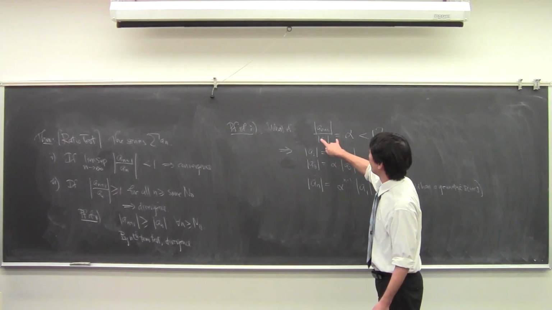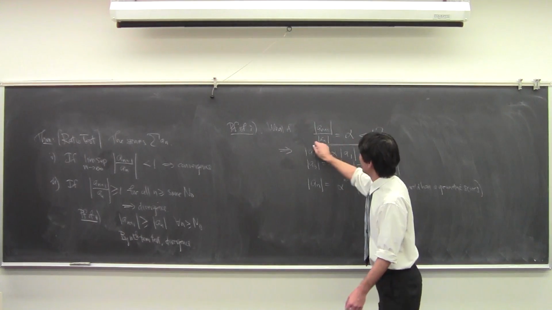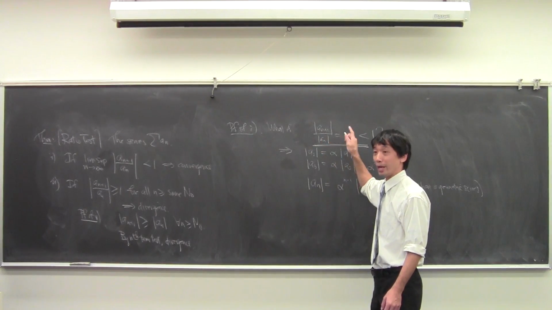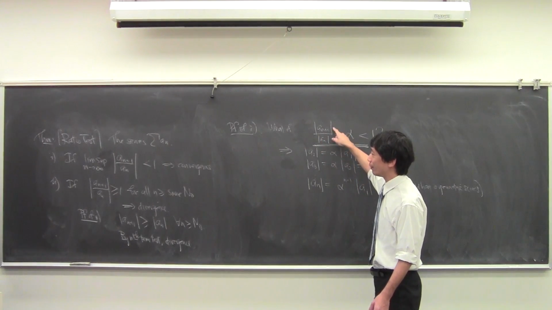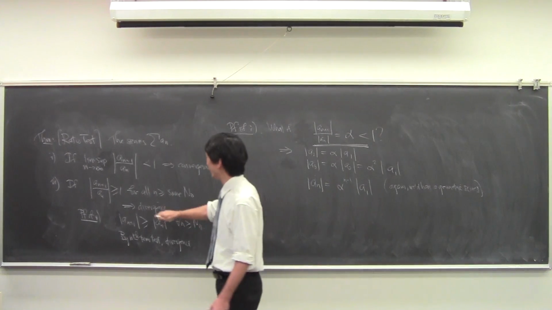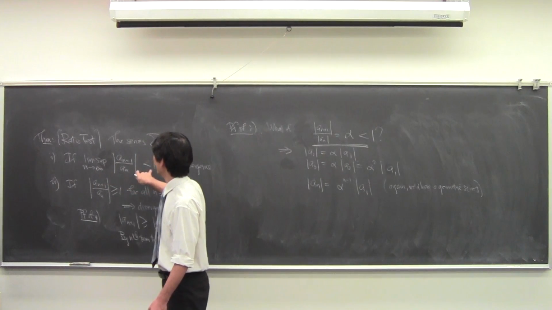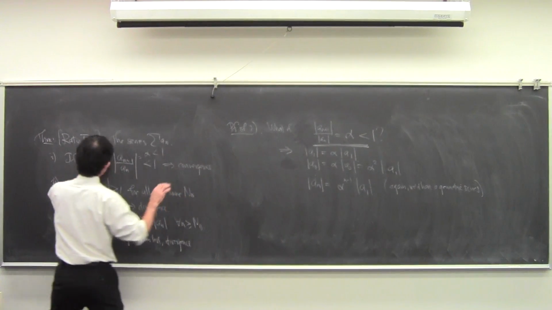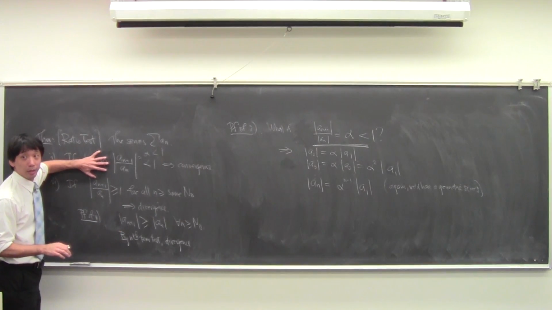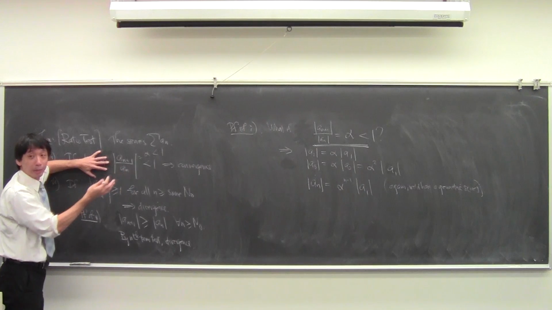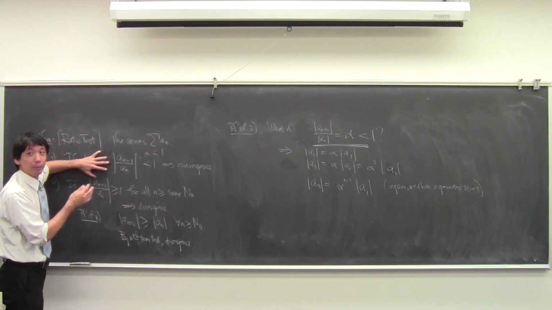No, I'm saying, what if we actually had equality for every n, so that this actually equaled alpha? We don't have that. What we'd rather have is that the lim sup of this thing is some number alpha, and that number is less than 1. But if the ratio equaled alpha, we'd have a geometric series, and we'd be done.